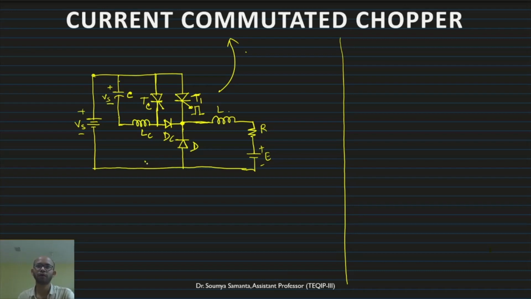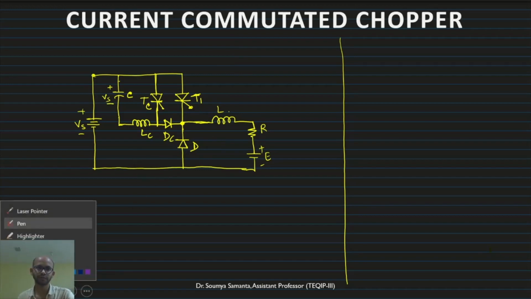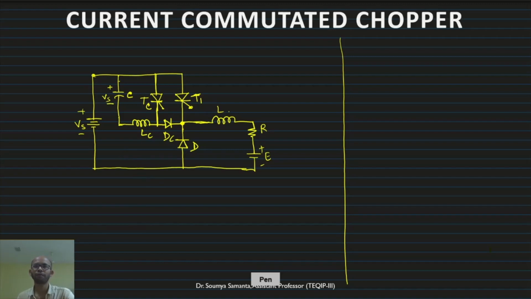Now what is the operation here? How do we operate? You can see that before this thyristor T1 turns on, there will be a current flow through this path.